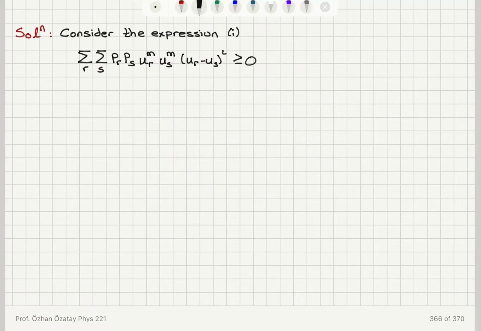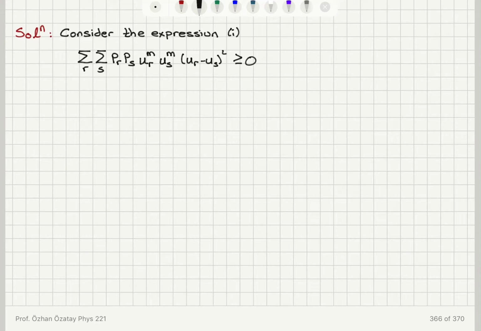We have a square here, UR minus US squared, so that's always going to be greater or equal to 0. Then we have probabilities. Probabilities can be 0 or positive values, a value between 0 and 1. So we need to have UR to M, US to M greater or equal to 0.